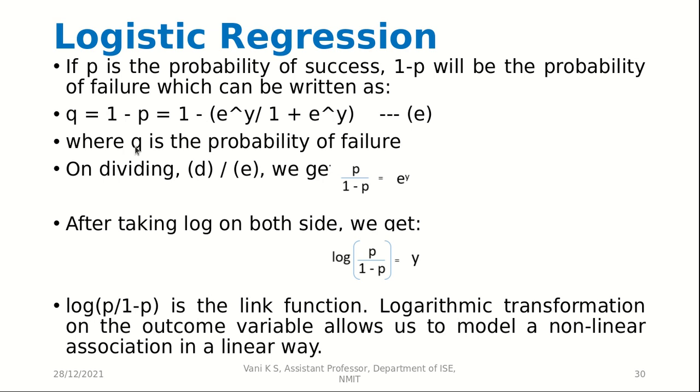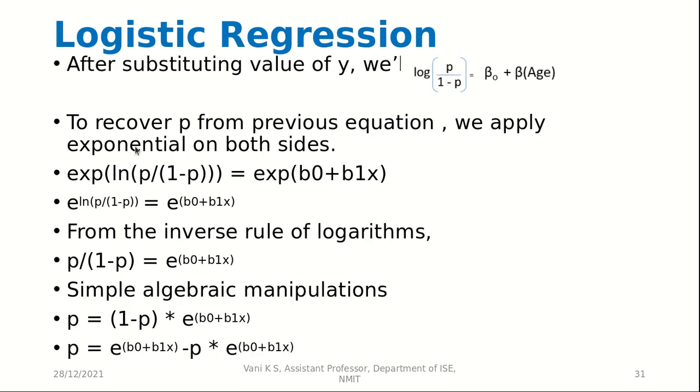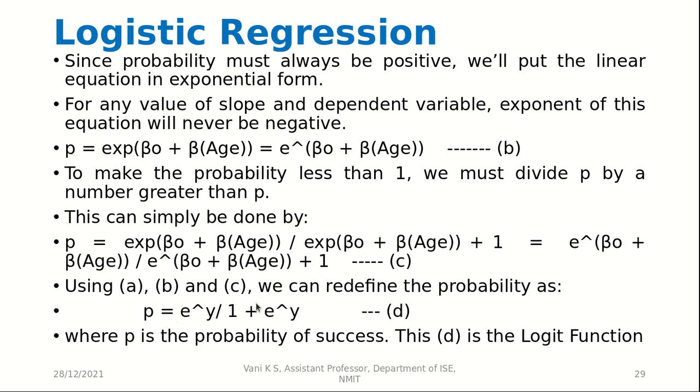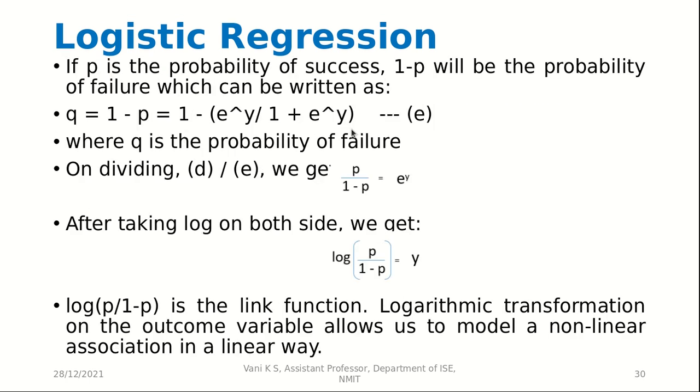When we divide p upon q, we get the odds. So what are the odds? We get p upon 1 minus p, and if we take the LCM and calculate it, we get e to the power y.